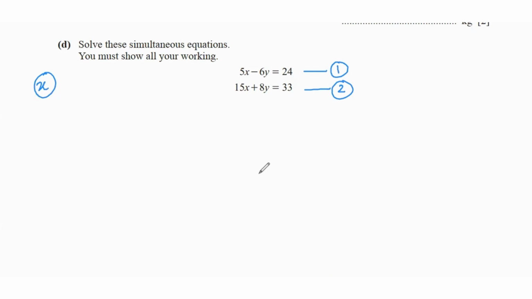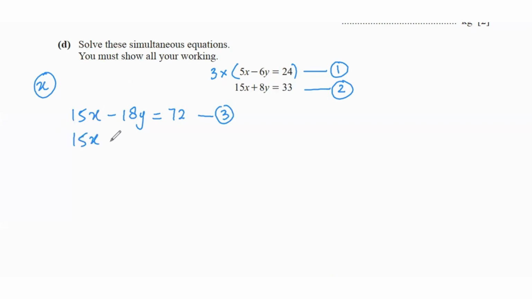Hence, I'm going to pick x and multiply the first equation by 3. So that's 15x minus 18y equals 72. Let's call this equation 3. So now we're going to solve equation 3 with equation 2.